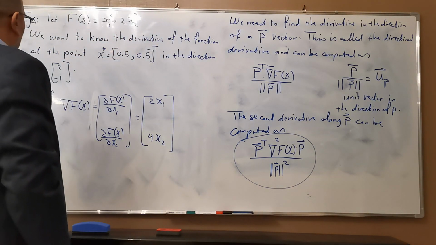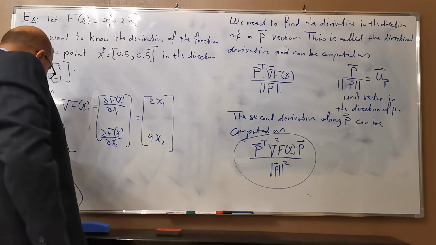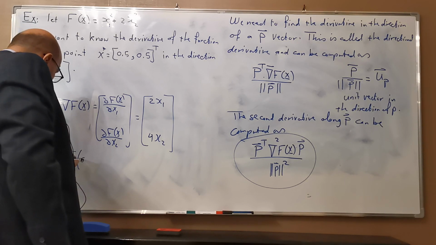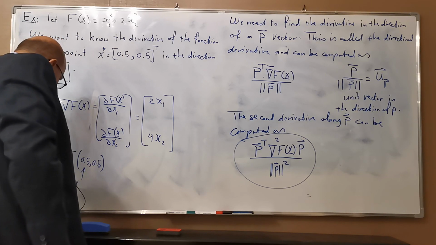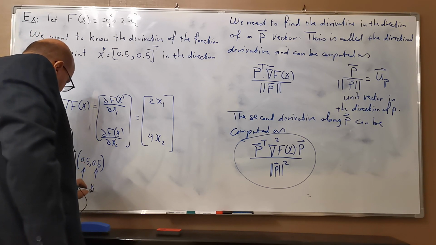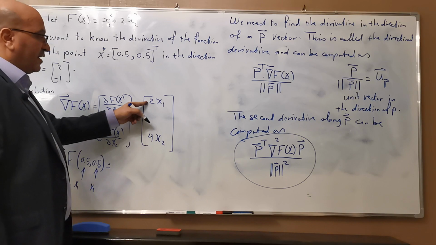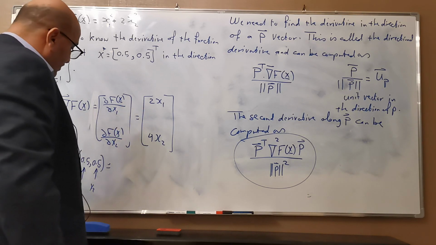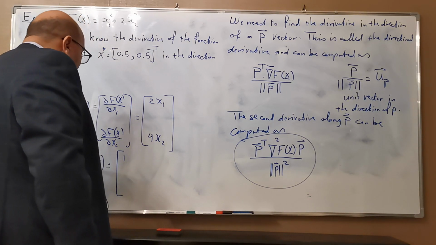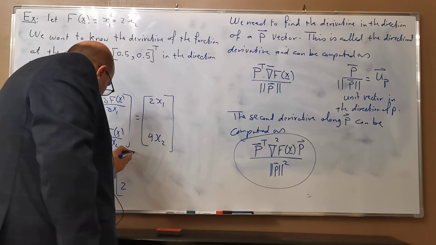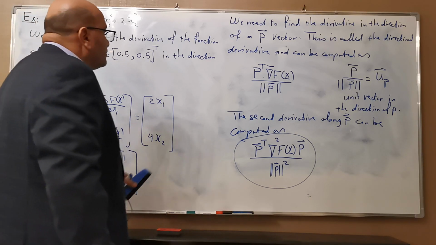Okay? What will be the gradient evaluated at 0.5 and 0.5? This is x1, and this one is x2, and it is actually a vector, in the direction of x1 and x2. So 0.5 gives 1, and 0.5 gives 2. So this is our gradient at this point.